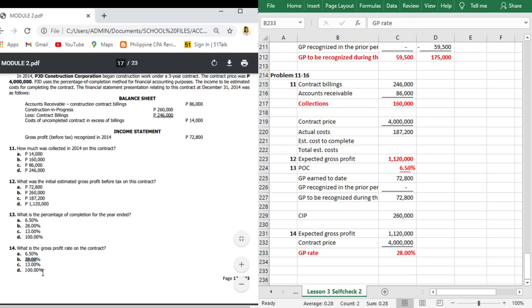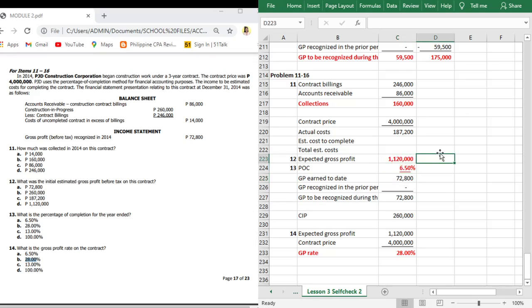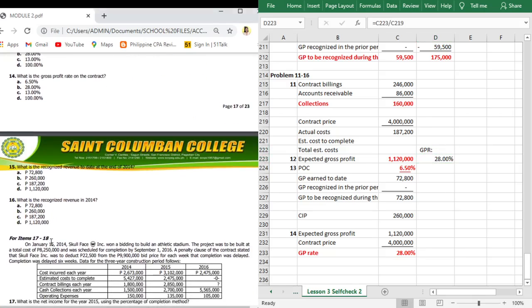That is letter B. Pero actually, pwede na po diri na, diretso na. We have 1,120 divided by 4 million. Okay, we have 28%. Okay, this is the gross profit rate. And then, next, number 15.